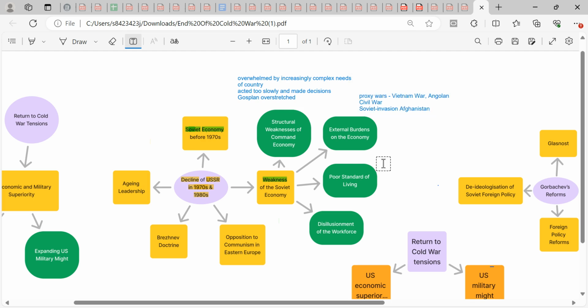Next up, the poor standard of living for the people in the Soviet Union. So if your economy is struggling, images of what we saw from that time would be the long queues. It became a very common thing in the Soviet Union. I shared with you the unfunny joke about how Gagarin leaves for work and goes on a space shuttle, comes back home, and the wife is still stuck in a queue waiting to buy bread, right?